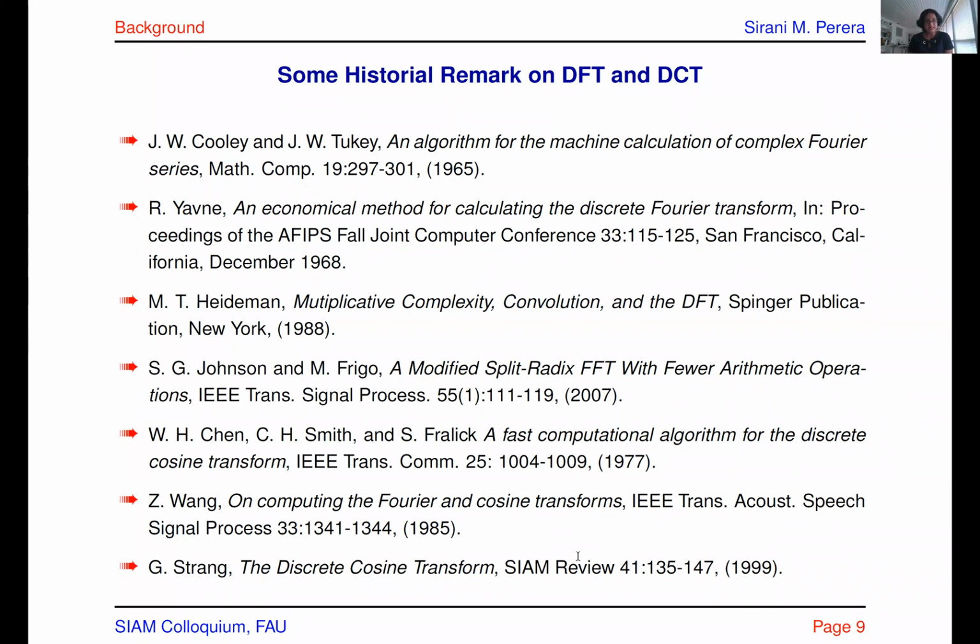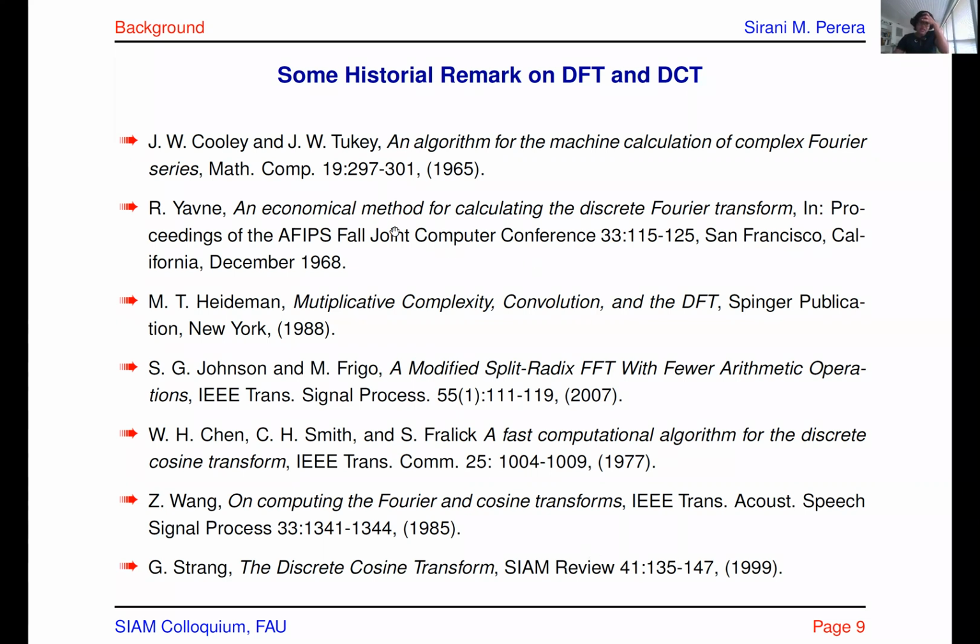So in 1965, the FFT algorithm appeared to analyze the rotation of the helium-3 molecule. Since then till today, it has dramatically and significantly evolved in many areas like polynomial multiplication, solving PDEs, barcode analysis, fingerprint enhancement, image compression, and so on and so forth.